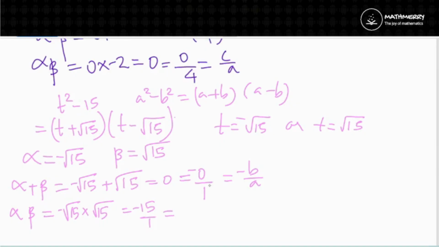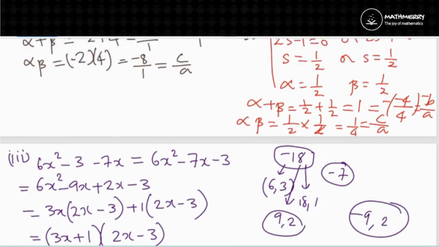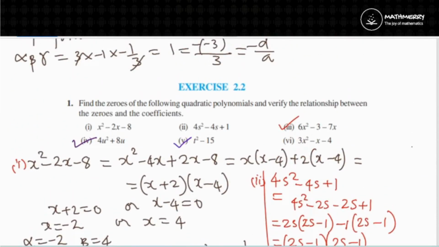Now can we write this in any form like c by a? Here our c is minus 15 and a is 1. So it's c by a. And that is also verified. So that's about our fifth question. Now sixth question, we have 3x square minus x minus 4.